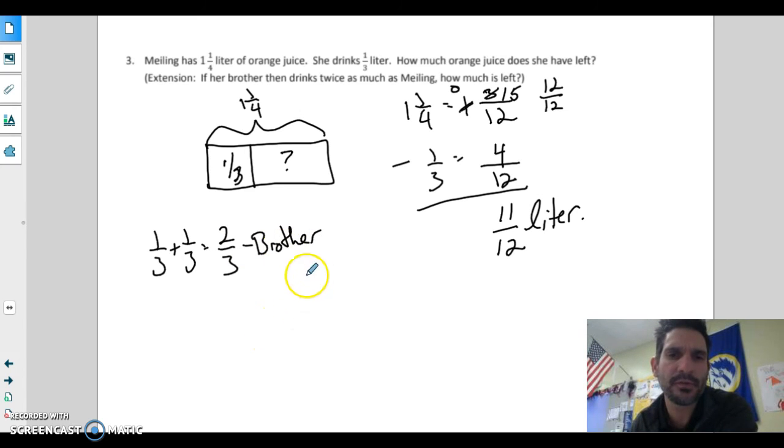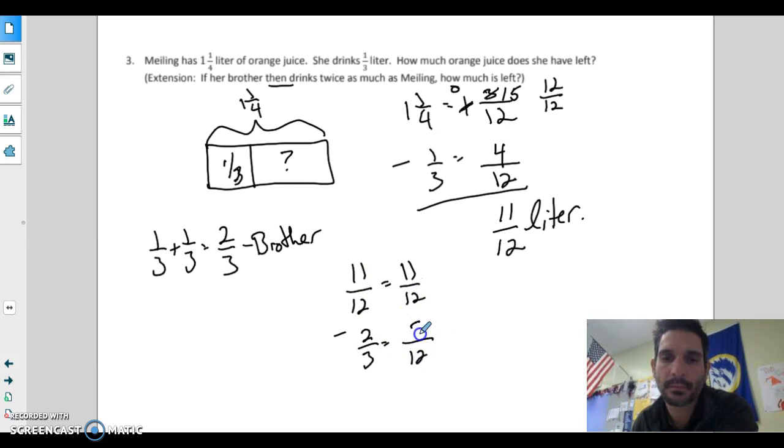So I'm wondering if this is what's left. Her brother then drinks. So now I got to do 11/12 minus 2/3. And 12 is my denominator. That would be 3/12, which reduces to 1/4 of a liter.